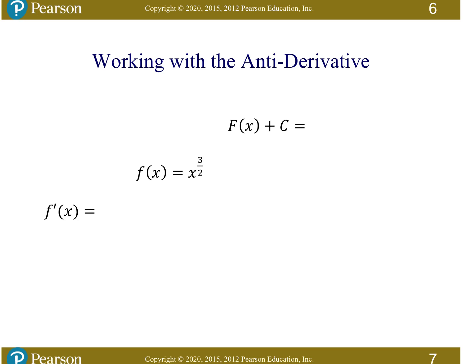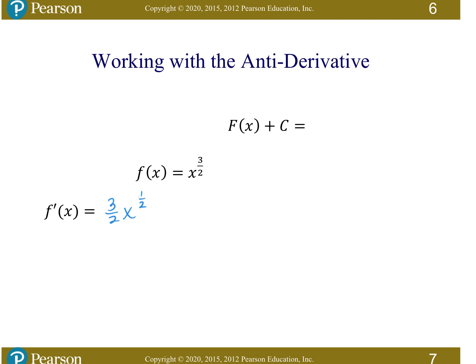Okay, let's see if these rules will apply. So let's do a derivative first. Where do we bring the power for our derivative? To the front. And then what do we do to the power? We subtract 1.